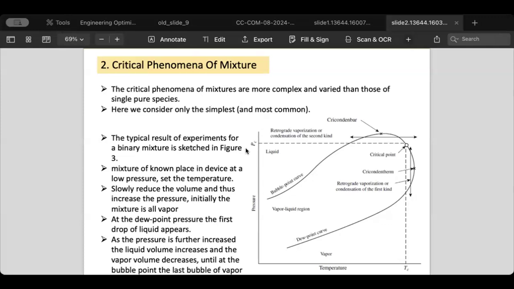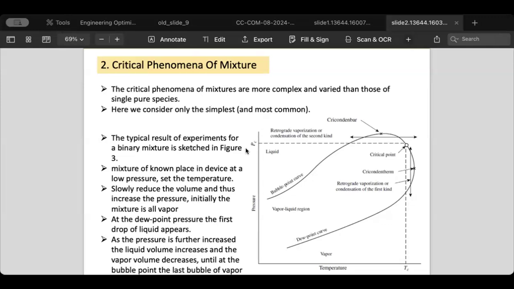So you see that the bubble point curve and dew point curve are connected at the critical point also. We have vapor here and liquid there, right? They are connected, approaching the same point.